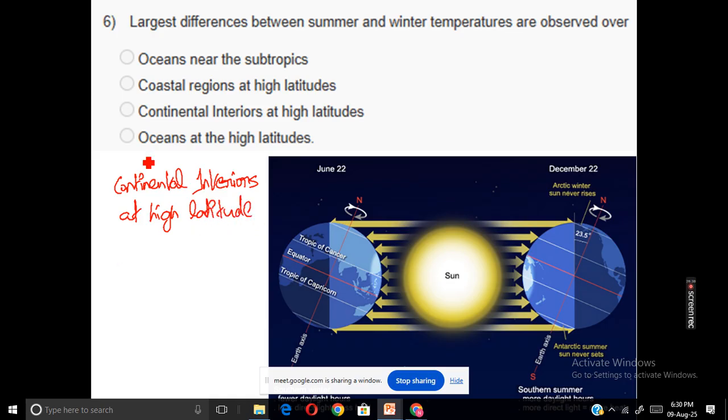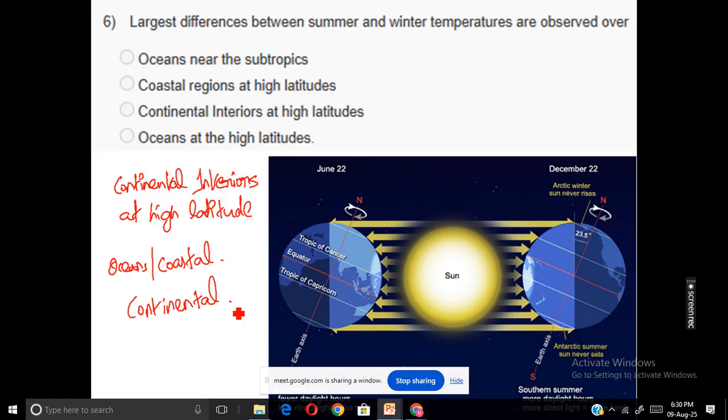So two things. Here we have oceans and coastal regions. Oceans and coastal regions will have a moderate temperature compared to the continental land mass. Over the ocean, the climate variability will be less compared to the land masses.